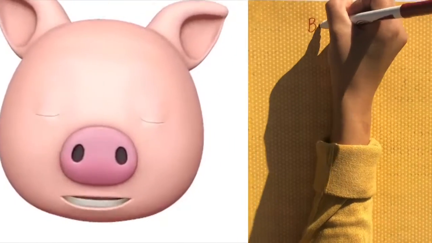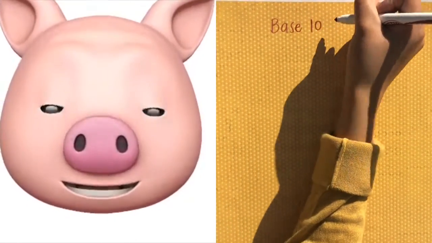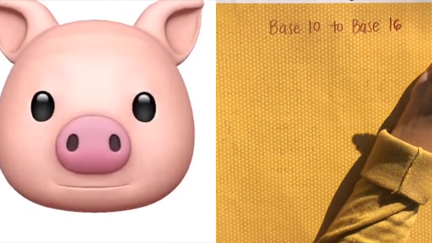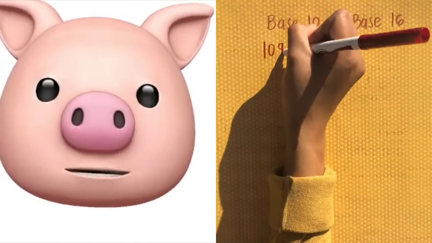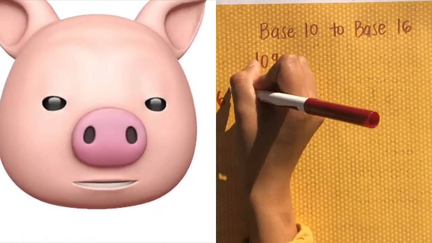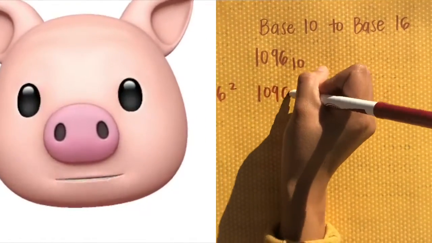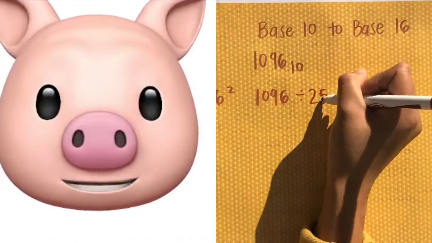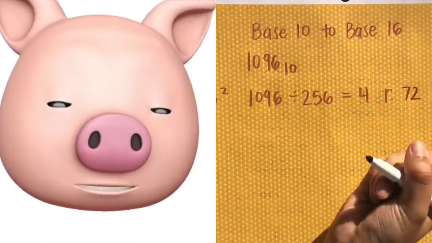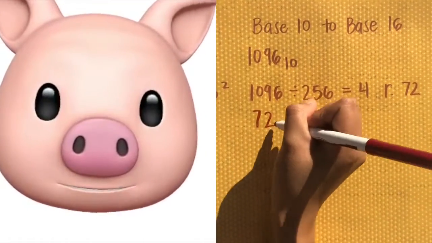Our new problem is changing base 10 to base 16 using the number 1096. Now we're going to divide the number 1096 by the highest power of 16 without going over, which is 16 squared. 16 squared is 256, so 1096 divided by that is 4 with a remainder of 72.